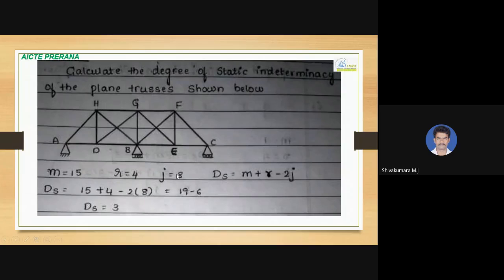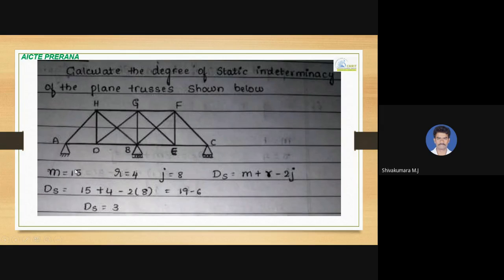And when it comes to the number of members, 1, 2, 3, 4, 5, 6, 7, 8, 9, 10, 11, 12, 13, 14, 15. The number of members here is 15.